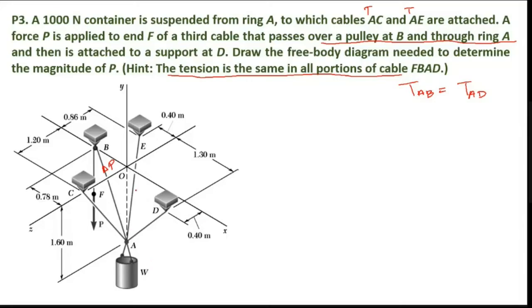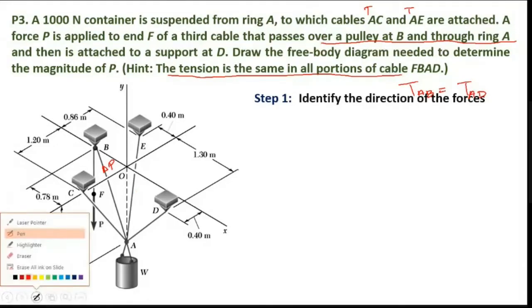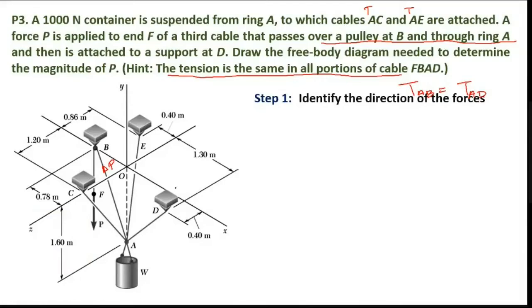So there are different types of force. First I have to identify the free body diagram. Before that, my first step is to find out the direction of each force. I have considered this A as a free body diagram, a point on which a set of forces act.